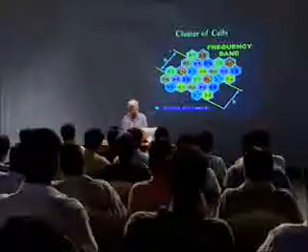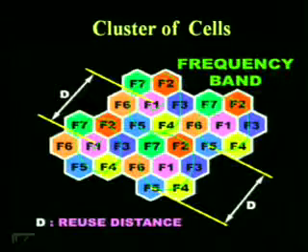Since each cell has its own frequency channels, and there are a number of cells, they will have their own frequency band. And if you watch it clearly, F1 is written here, F1 here, F1 here, F1 here.